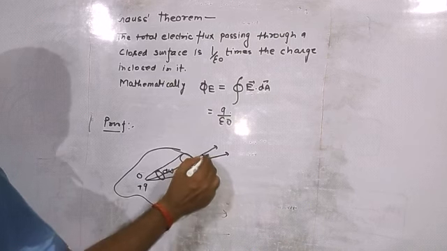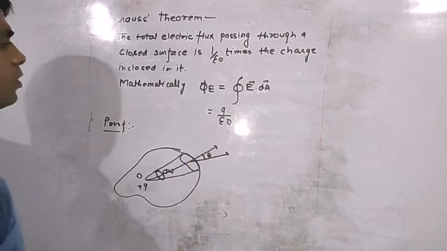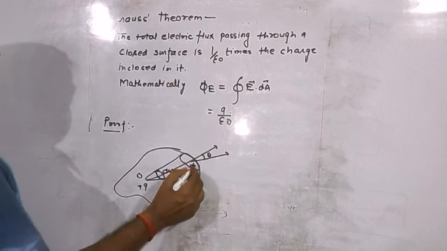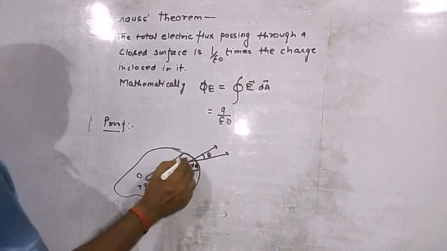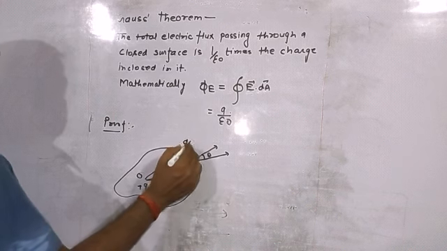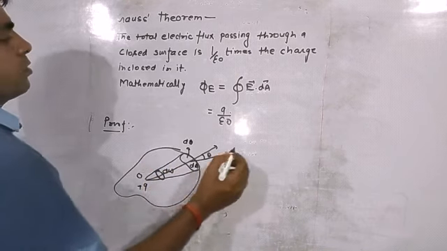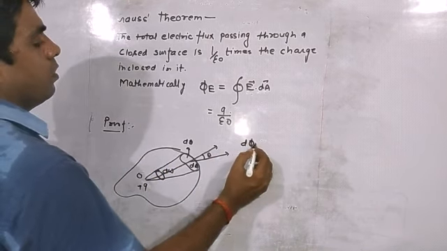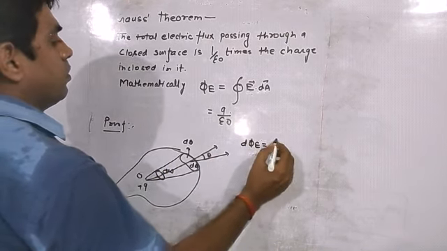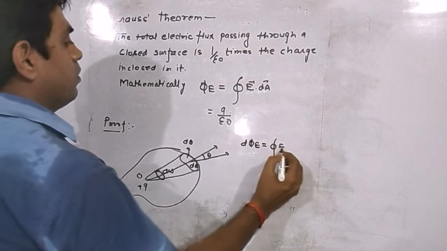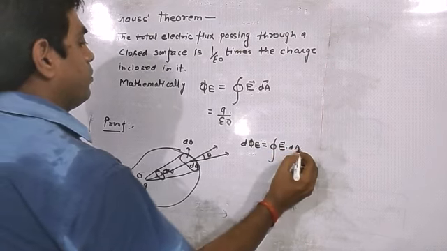Now the area vector subtends some angle, say theta here. So the surface area is dA and the flux associated with it is d phi. According to Gauss theorem, d phi E is equal to the surface integral of E dot dA.